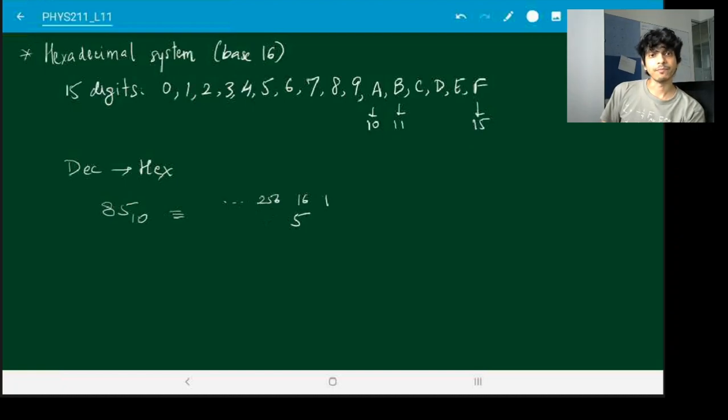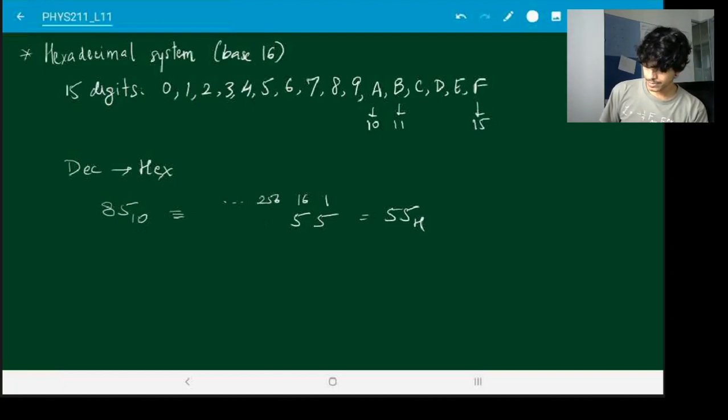Then I need 5 more. So this is 55. Do you see how 85 decimal is 55 in hexadecimal? So we say this is 55 in base 16, or sometimes in shorthand we say 55H. So that H means it is in hexadecimal.